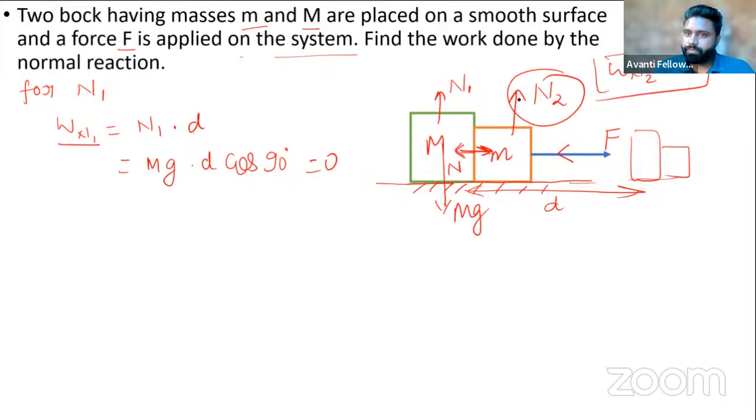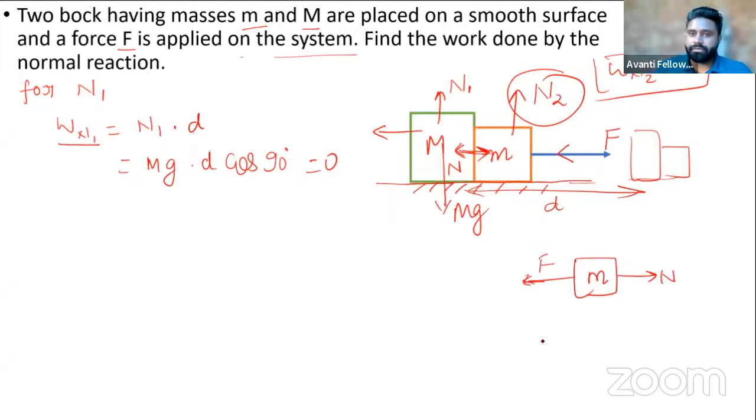Okay, got it? Now, if you talk about this force, let's say I draw the FBD of small m. This is the small m block, and this is the force acting, capital F. Instead of drawing in this direction, I have drawn it in this direction at that point. Because of that force, this small m mass block will try to push this capital M mass block in this direction. So in reaction to that, it applies a force in this direction. So there is a normal reaction.